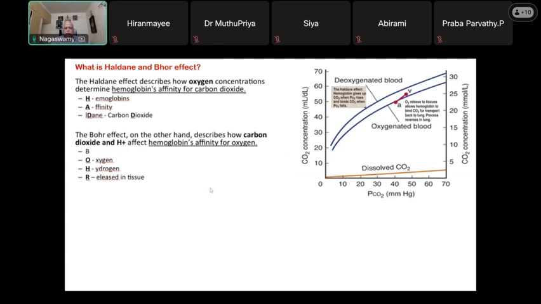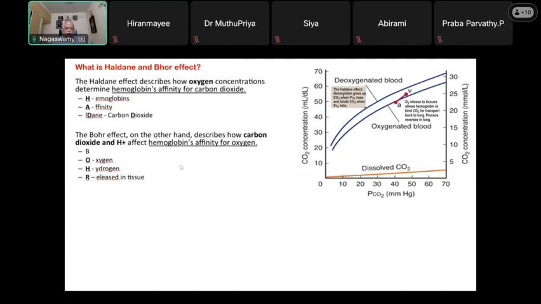at the tissue level, the blood has to give up the oxygen that it has carried all the way up to the capillaries, so that mitochondria will get enough oxygen for aerobic metabolism, oxygen transport, and the chain that produces the ATP, mitochondrial respiration, has to take place. And there the Bohr effect is very, very important, because when it comes to that level, the blood has got more hydrogen ions and it has to release the oxygen.